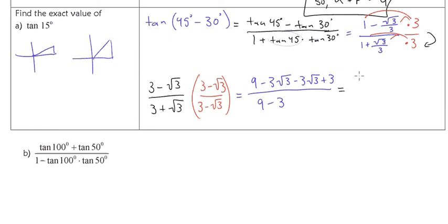That gives us 12 minus 6 root 3 over 6, which simplifies down to 2 minus the square root of 3. And there's your answer. 2 minus the square root of 3.